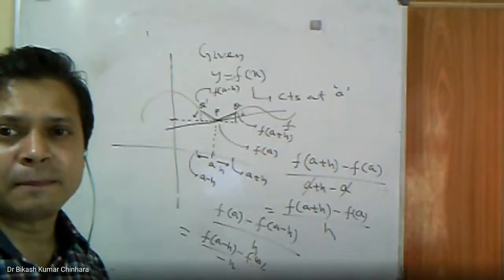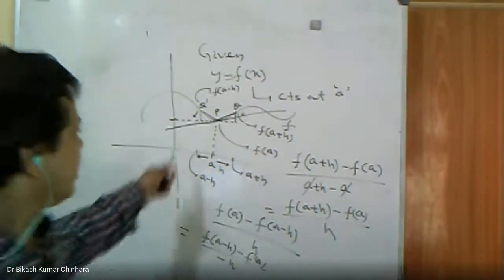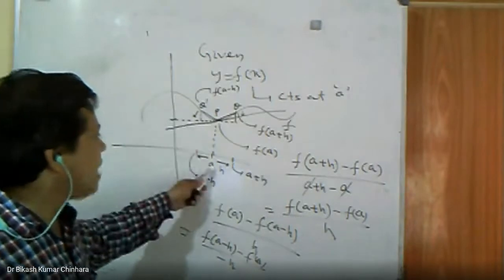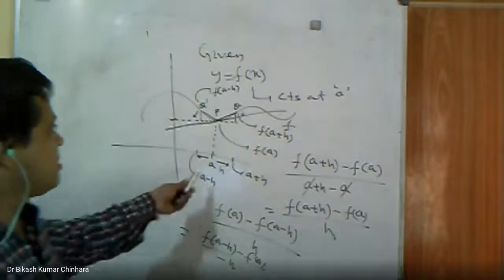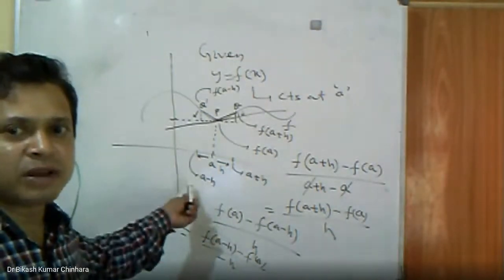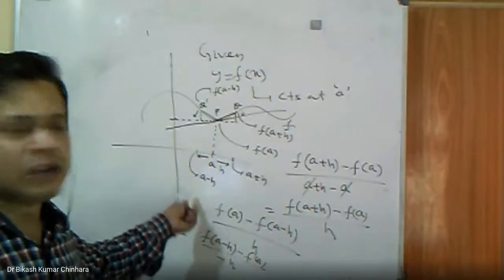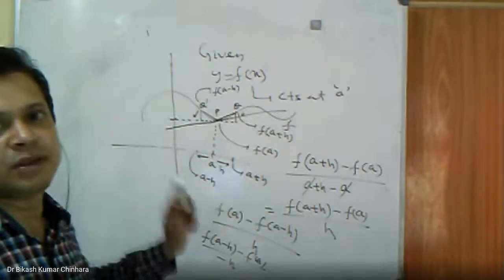In that case, I will say that the function is differentiable at a point P, at a point A. And the derivative of the function at the point A is nothing but the slope of the tangent at P.